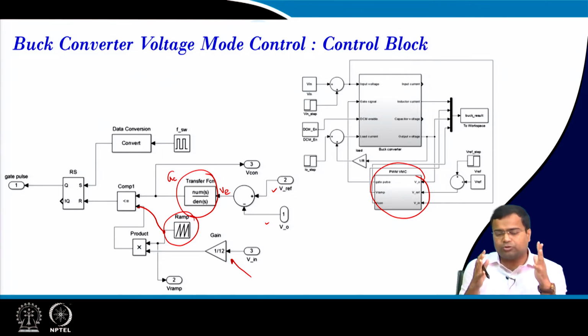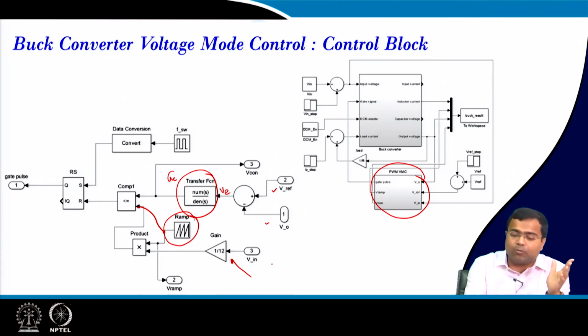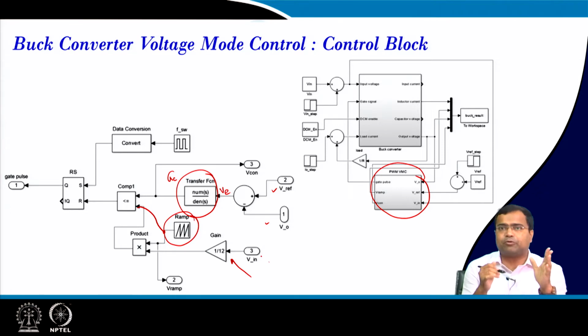We know in voltage mode control the loop gain is input voltage dependent, and that's why it will suffer from poor line regulation, and that can be overcome by input voltage feed forward, and you can make the loop gain independent of input voltage by this arrangement.